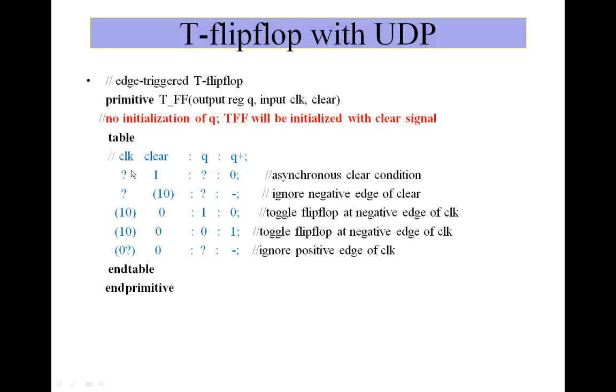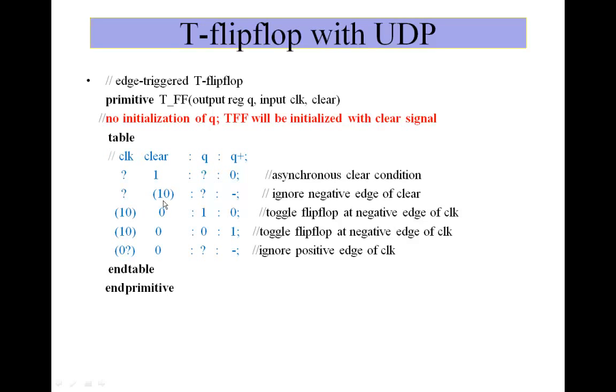Here, whatever the clock is, don't care here. It is no transition actually. We can say it's level sensitive. When clear is 1, irrespective of your current state, whatever the current state is, your next state is 0. This is asynchronous behavior. You try for synchronous behavior. Now, clock is don't care again, no transition here.